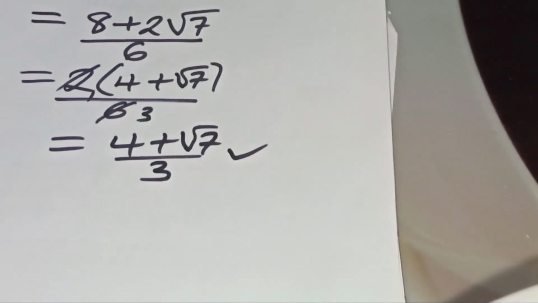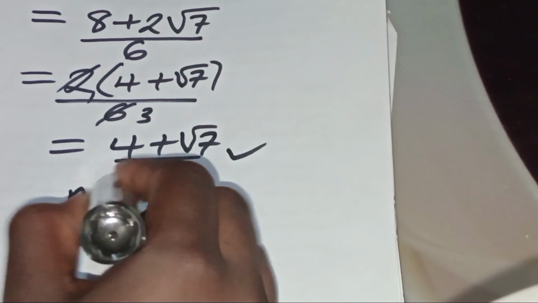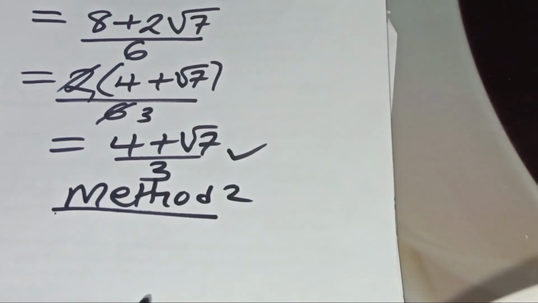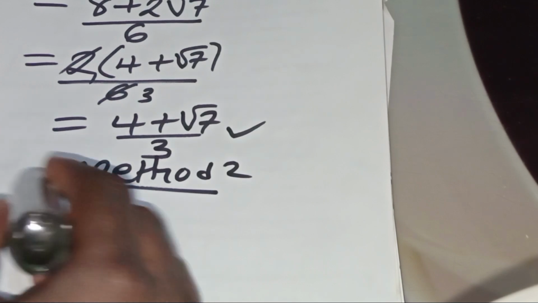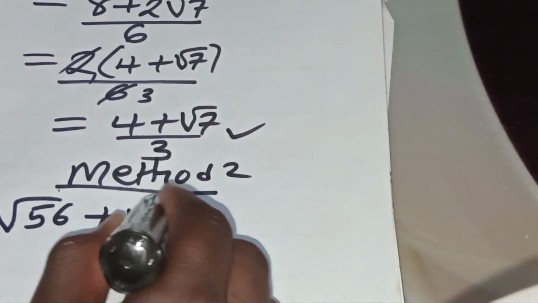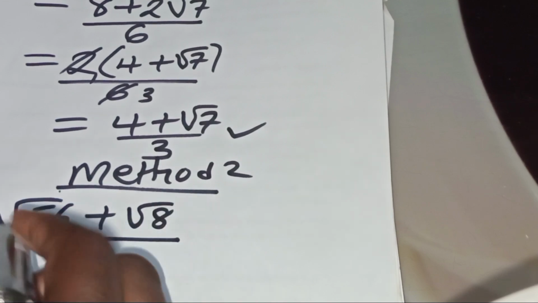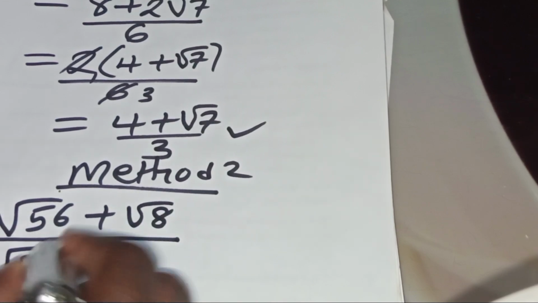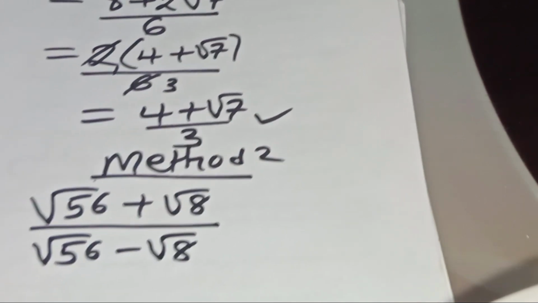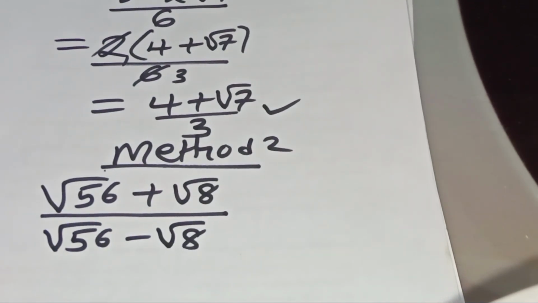Let me show you quickly method 2. Let us solve using method 2. Applying method 2, we have the square root of 56 plus the square root of 8 divided by the square root of 56 subtract the square root of 8. Here we are going to introduce the conjugate.